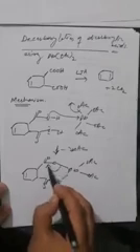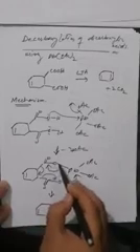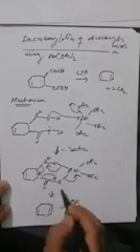When this bond moves here, this bond moves here, and this bond moves here, you will see that you will get a carbon-carbon double bond here. When this bond moves here, making a carbon-oxygen double bond, one molecule of carbon dioxide from this side and one molecule of carbon dioxide from this side are formed, and you will get lead acetate.